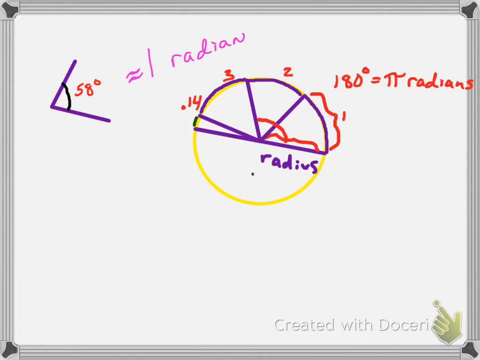If 180 degrees is pi radians, what is 90 degrees? How many radians? We're not dealing with decimals. We're dealing with fractions, I guess. If 180 degrees is pi radians, how many radians is 90 degrees?